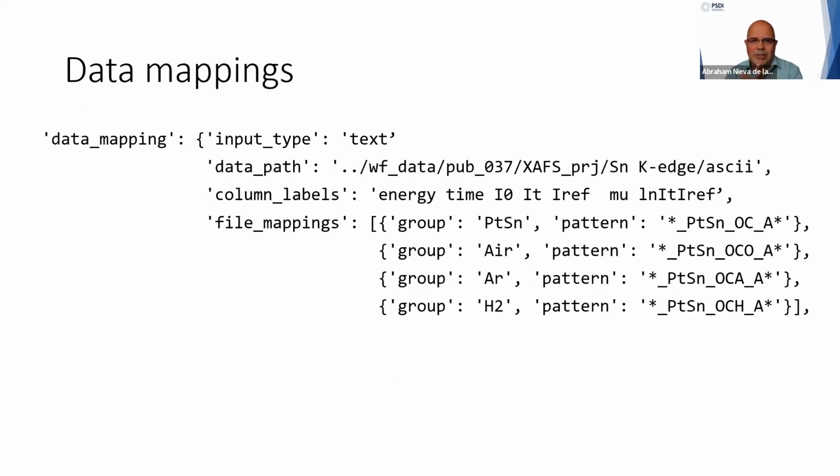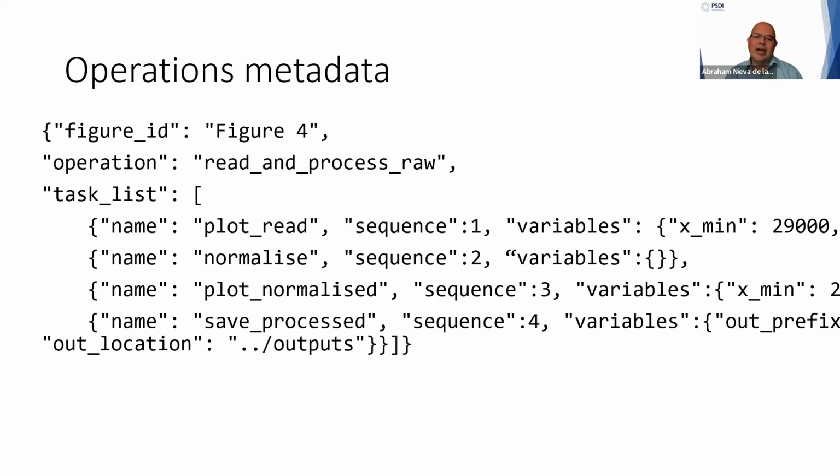So these file mappings are very important for reproducing the results, and it's very time consuming for users to produce them, especially if we would like some formatting of these data mappings.